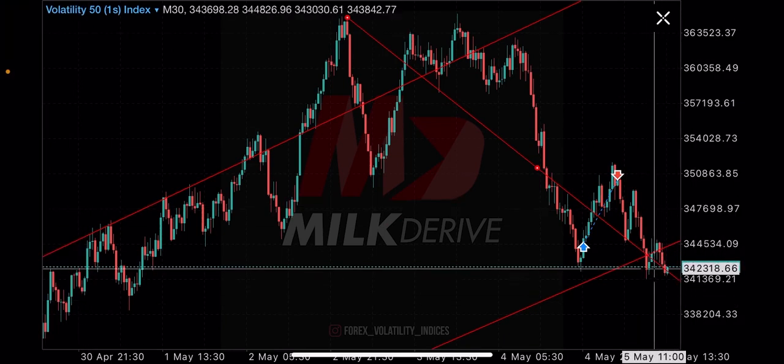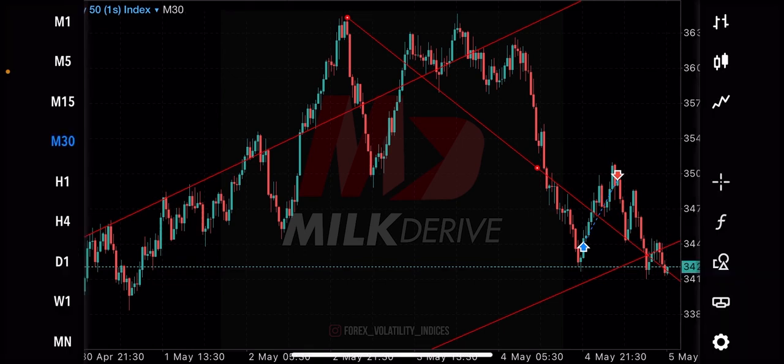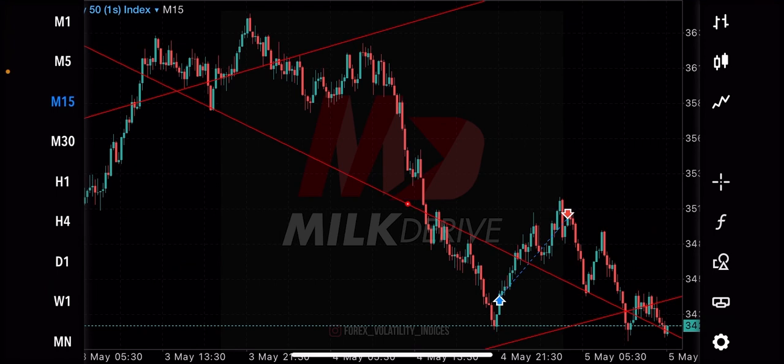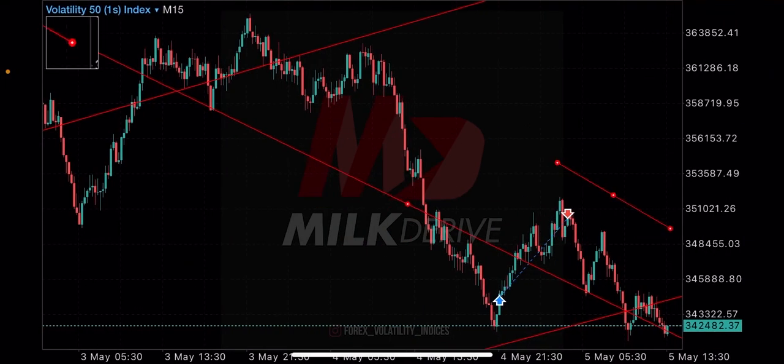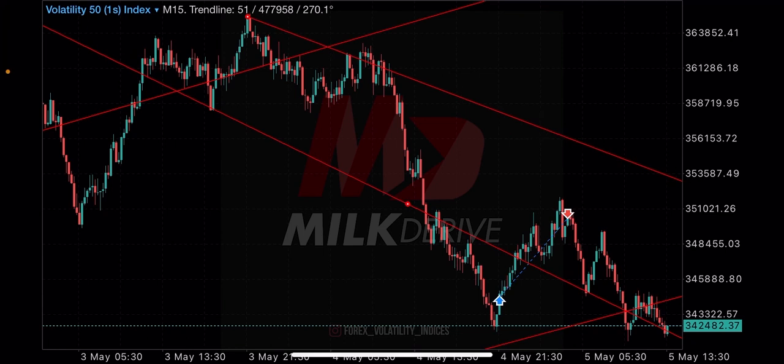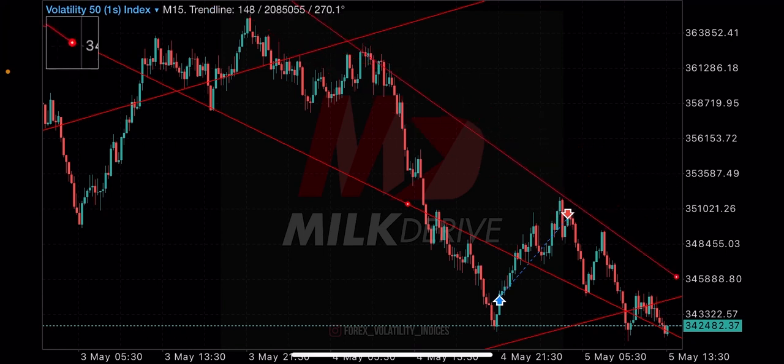But I don't see the possibility of it breaking through the double bottom. So let's go to 15 minutes to know if we can find other insightful and good. Okay, but already we know that the market is meant to buy.